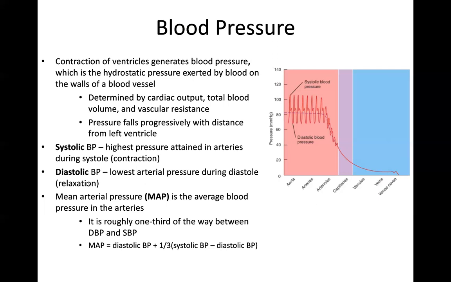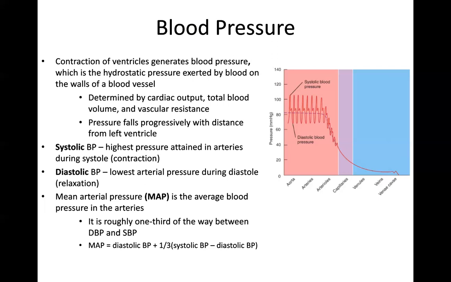If you are taking a math class and you're calculating a mean, you're taking an average of numbers. So mean arterial pressure is taking those two numbers and creating one number, and it is therefore the average blood pressure in the arteries. It is roughly a third of the way between DBP and SBP, which might be kind of shocking.